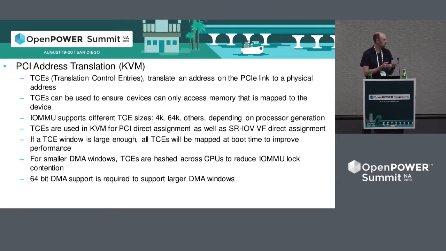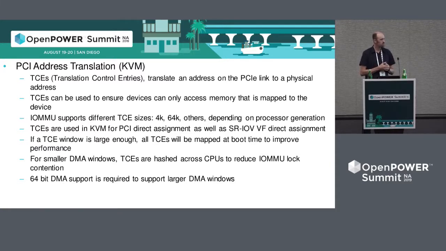In a KVM PCI pass-through environment, typically when the driver sets its DMA mask to say how many bits of addressability it has on the DMA bus, if it supports 64-bit DMA, we'll try to allocate enough TCEs for the entire VM's memory and map them all. Then we just do a simple lookup and don't have to do any H-calls to map and unmap. That improves performance quite a bit.